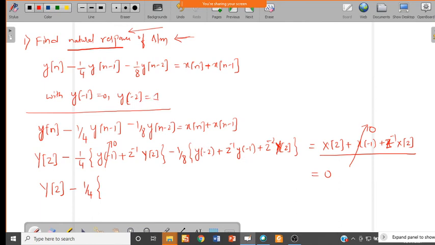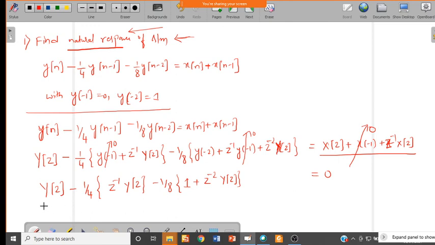So what do we get? z inverse into Y of z, minus 1 by 8 into, 1 plus z power minus 2 into Y of z.